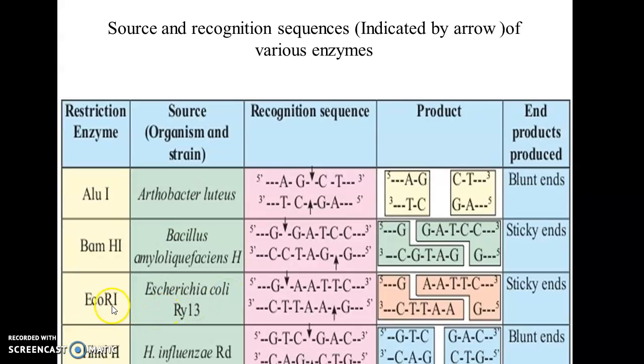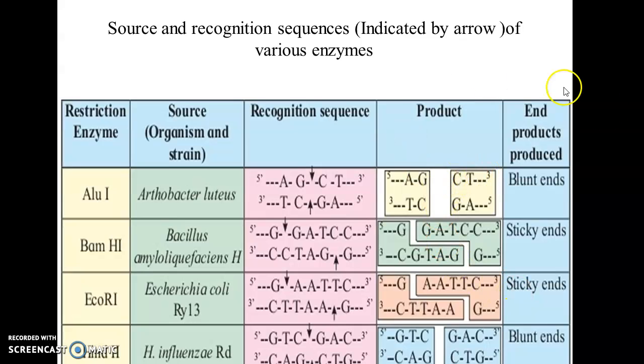We focus here on EcoRI, the enzyme isolated from Escherichia coli. It recognizes in the DNA molecule the recognition sequence GAATTC, and it cuts between G and A. So the cut end is zigzag, sticky, staggered or cohesive. It means a double-stranded DNA molecule having freely hanging single-stranded ends, which are called sticky ends, and such types of cuts are very important to develop recombinant DNA.